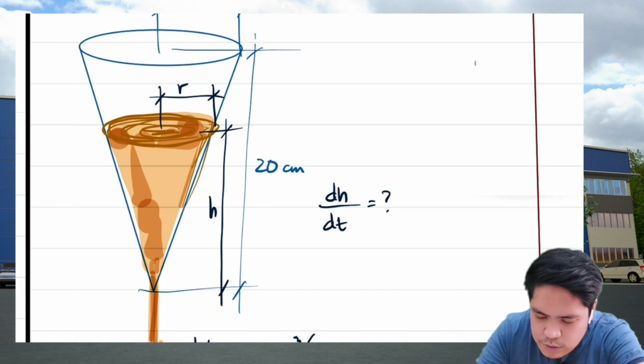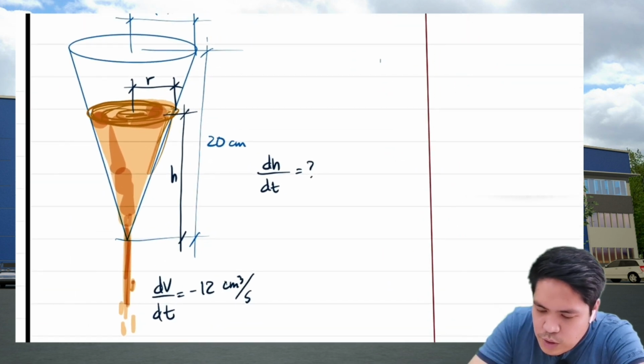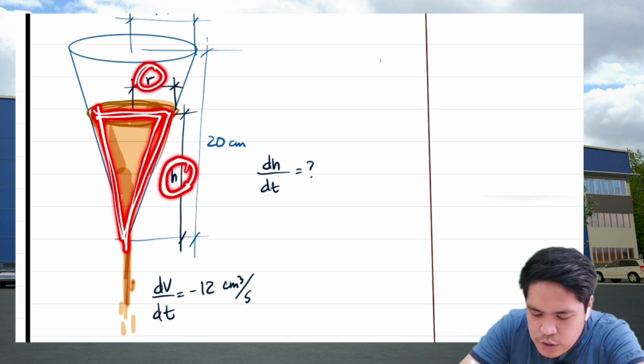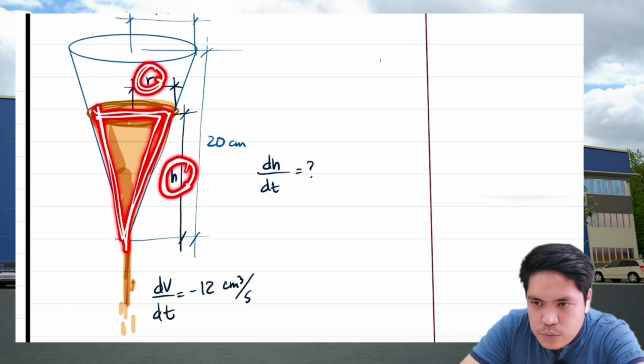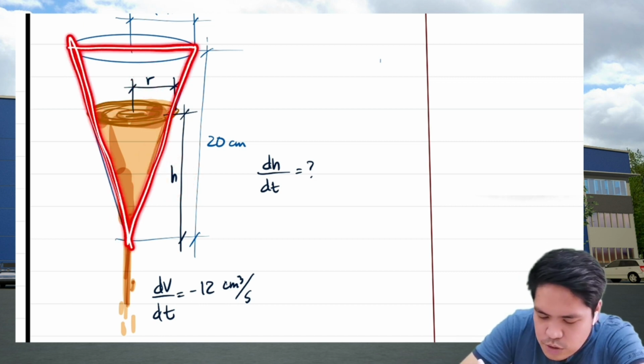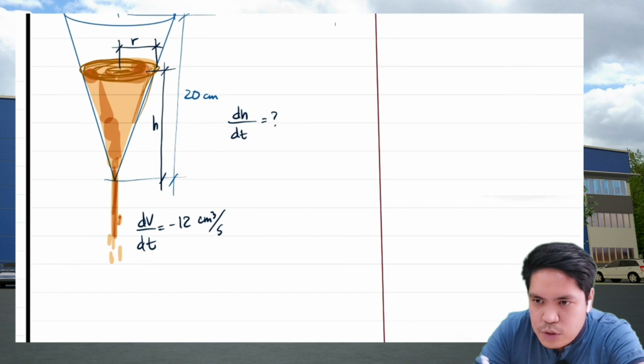So our variables here are the volume, the elevation of the fluid, and the radius of the fluid, which forms a cone. Our constant here is of course the container, because the container will never change its dimensions.